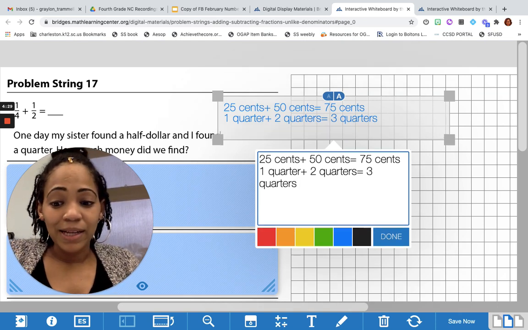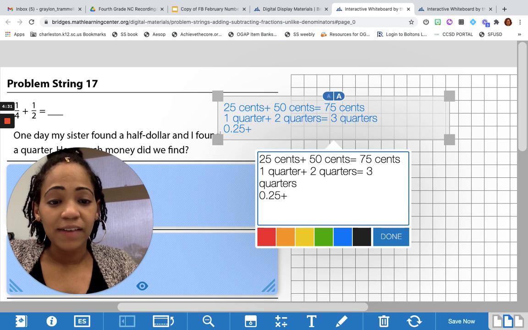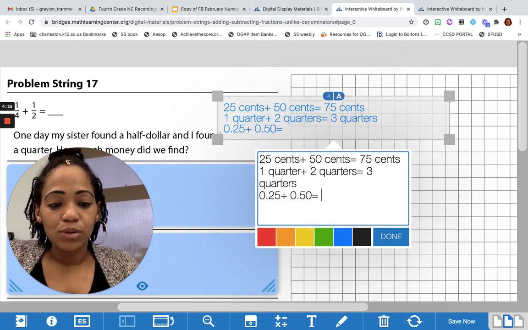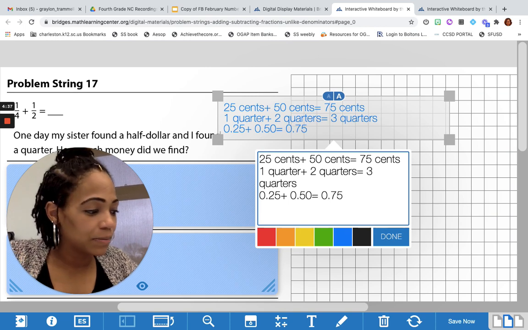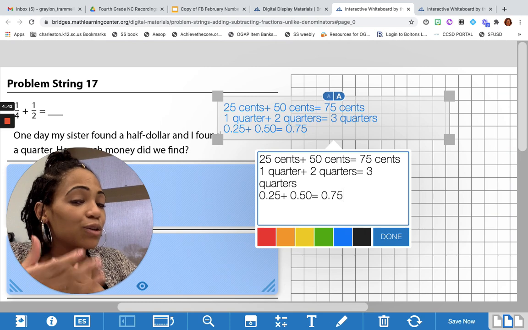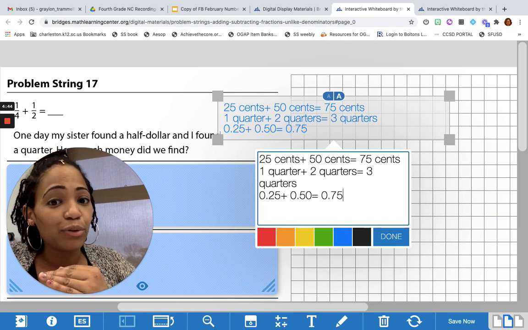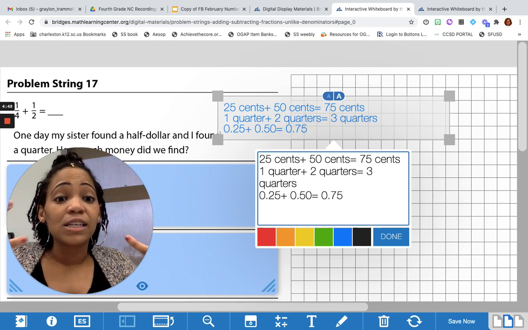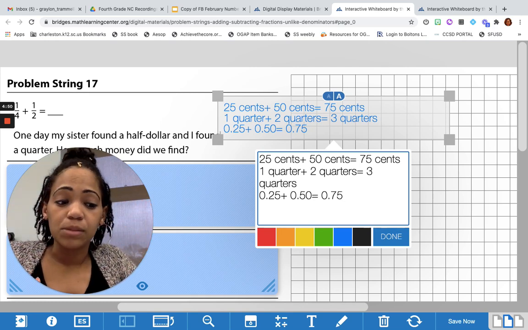And if I want to think about decimals, I would have 25 cents plus 50 cents is still equal to 75 cents. I'm just writing it in different ways, and I'm talking to you about the different ways that you could solve this problem so that as we go through them, I want you thinking about which one might be easiest for you when solving these problems.